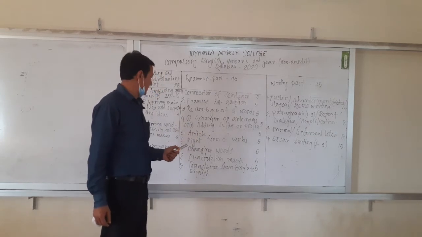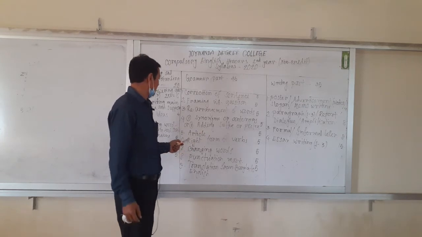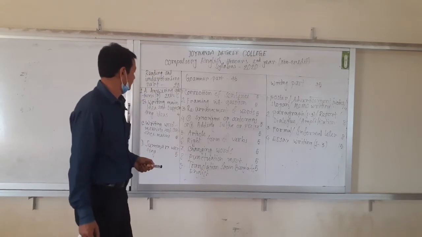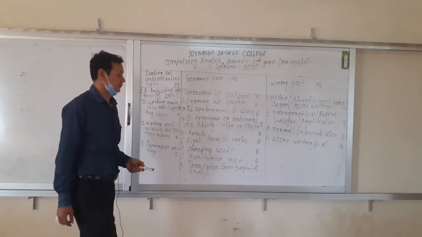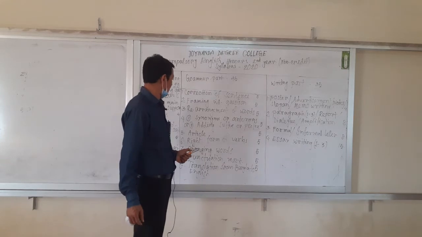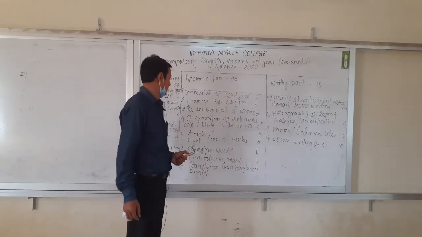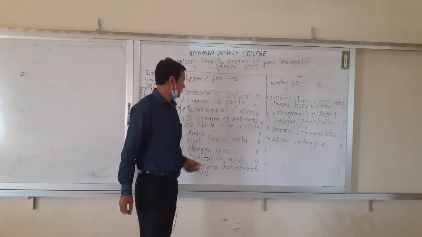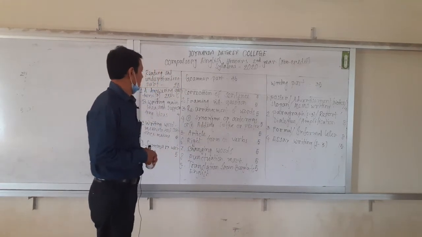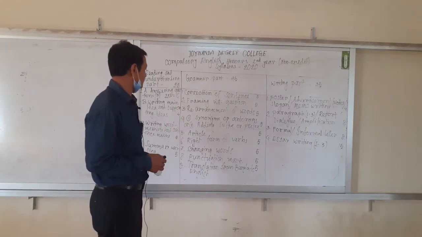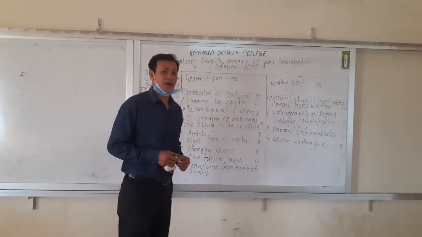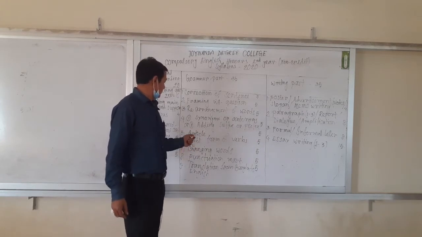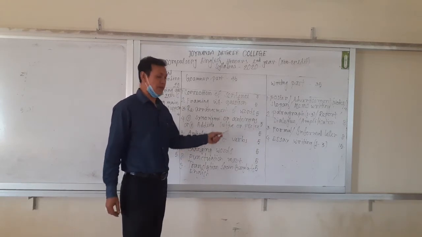Any one can be given in your question paper, or both the two items may be given, and you have to answer any one. If there is synonym or antonym, there will be 7 words, and you have to answer any 5 out of the 7. Or adding suffix or prefix is the same.